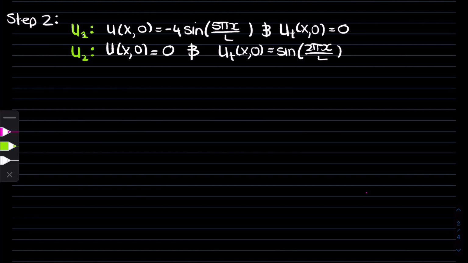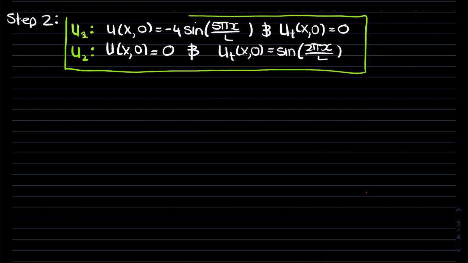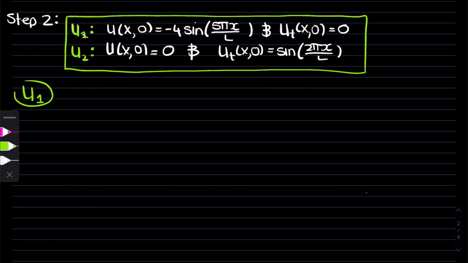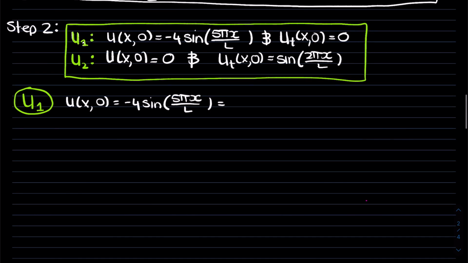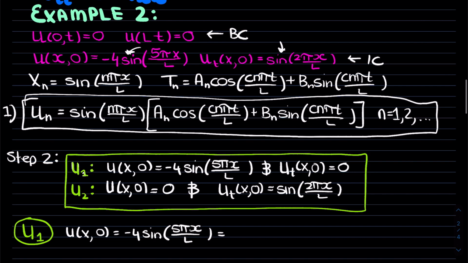So I might just put a box around this. Let's find u1. So for u1, we need a u of x, 0 equal to minus 4 sine 5 pi x over L. And that should be equal to, from this, we'll go back to this u of n.